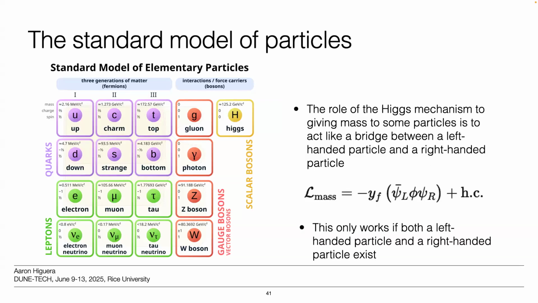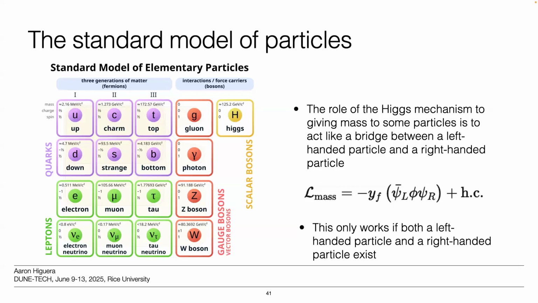And the reason is that, for instance, if we work with the Higgs mechanism, and this Higgs mechanism is trying to introduce mass to some of the particles, what it does is basically work like a bridge between what is called a left-handed particle and a right-handed particle.